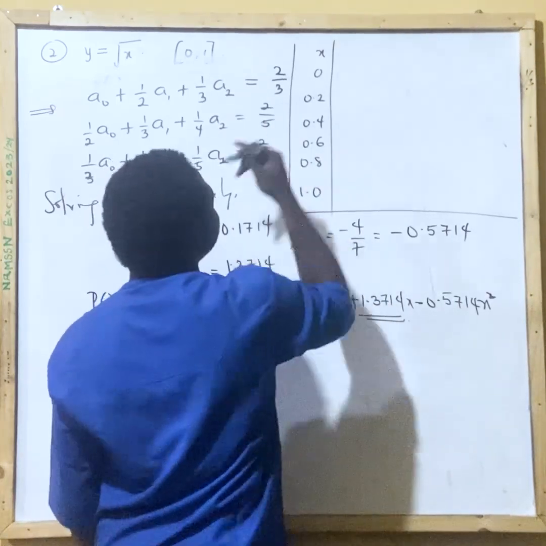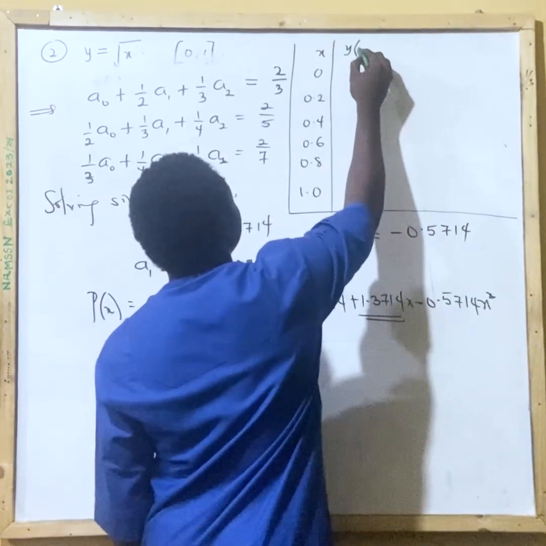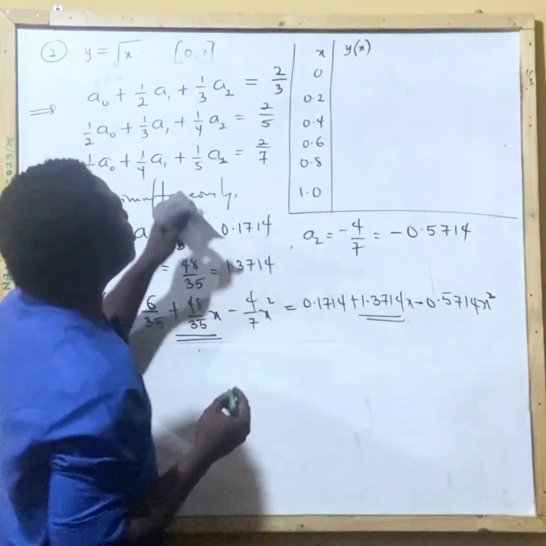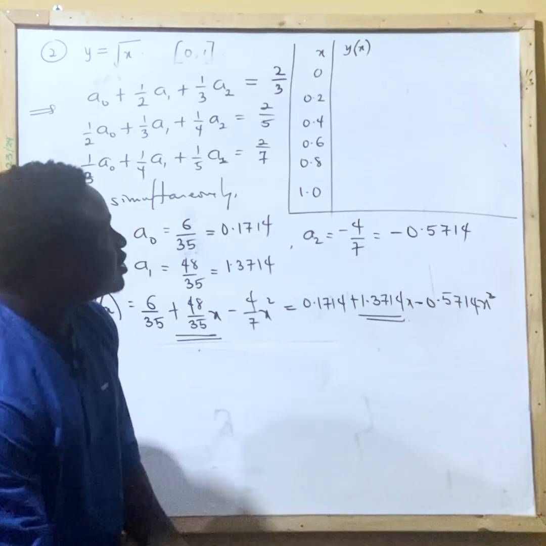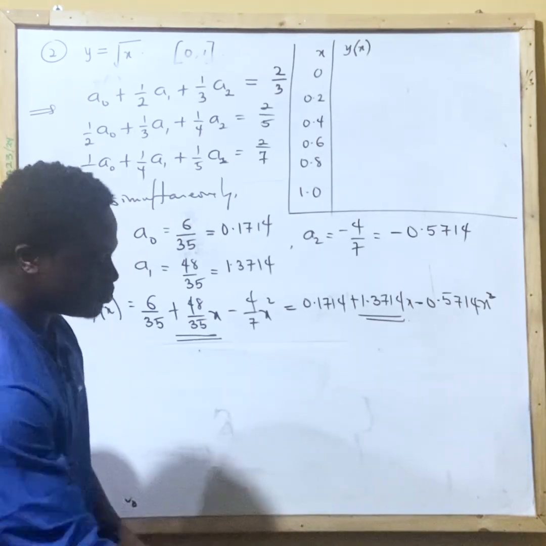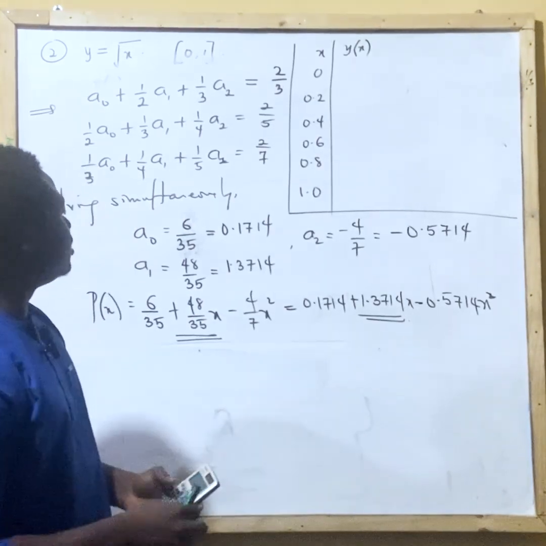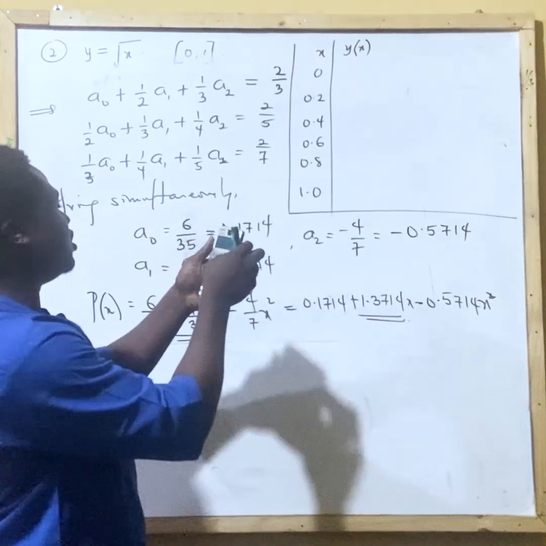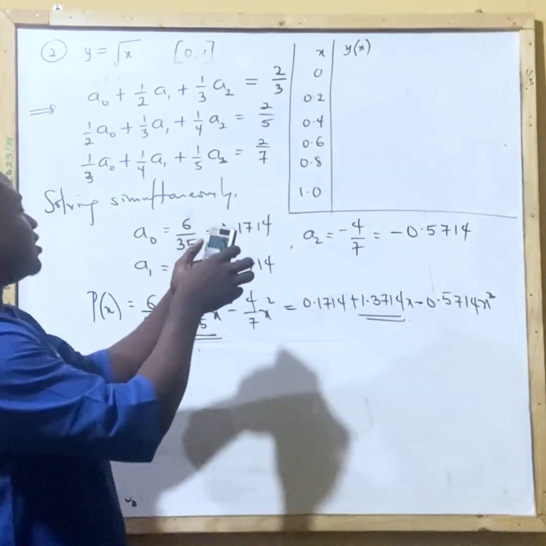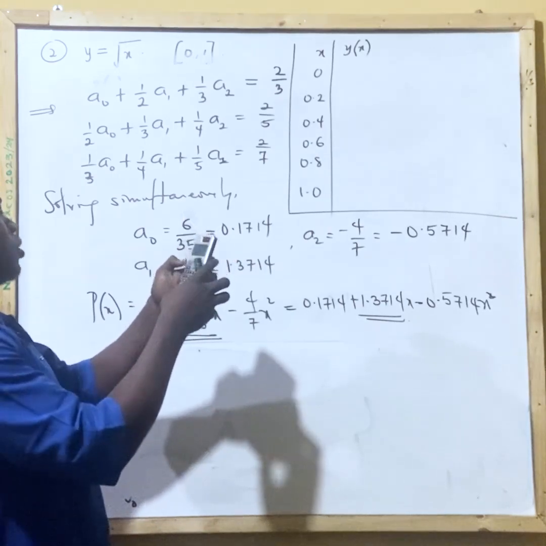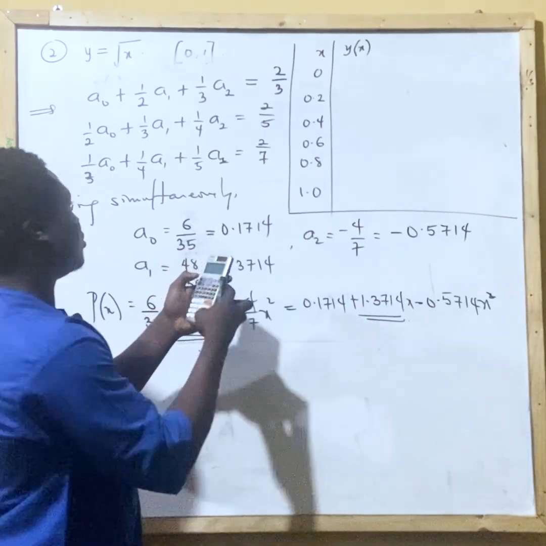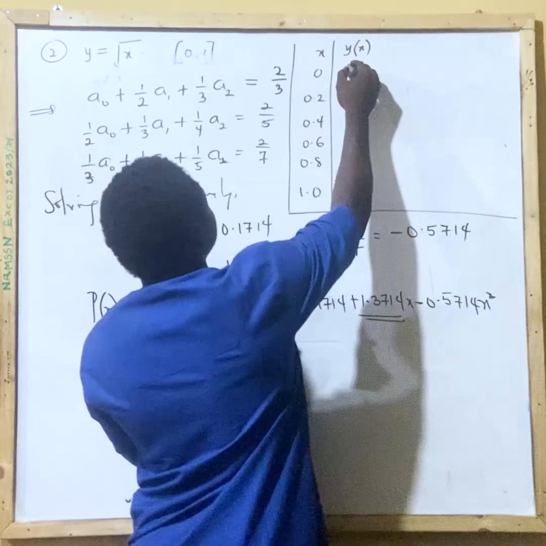So the next line will be for y of x, that is using the function itself, root x. So what would our results be? Starting with 0, when x is 0, of course I am dealing with root x. So when x is 0, my y of x is 0.